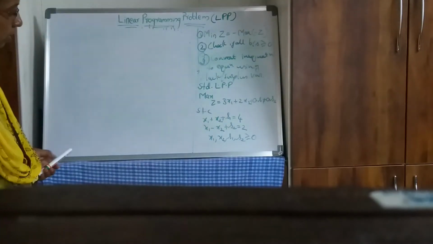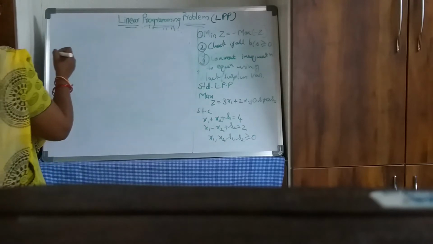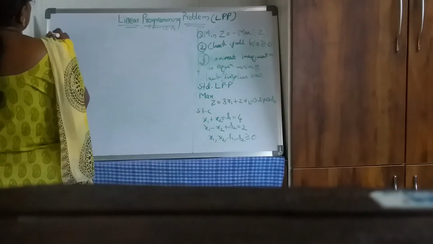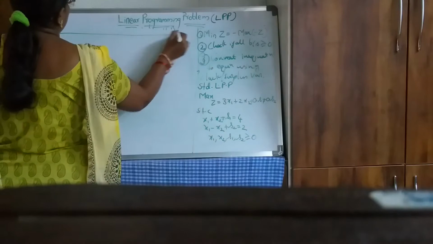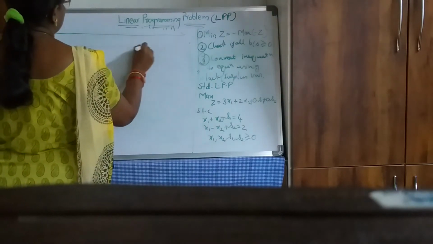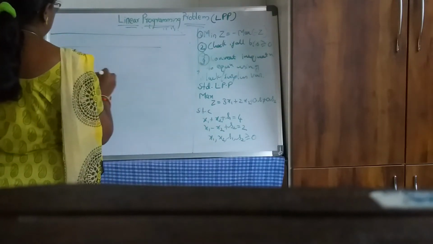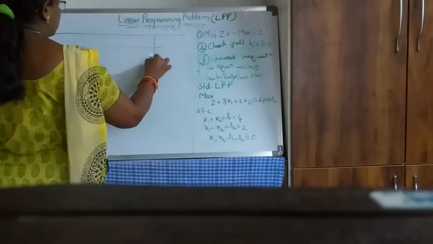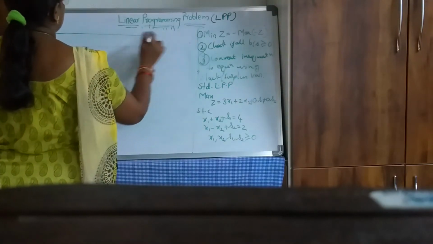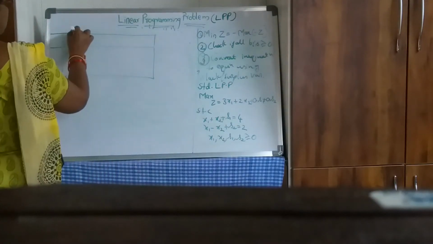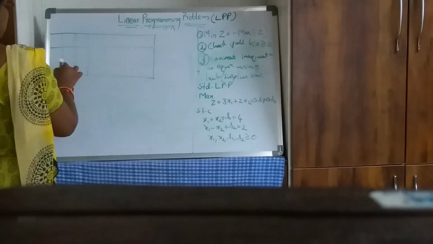Now to solve this, we have to draw the simplex table. How to draw a simplex table, I'll tell you here. What are the columns we should draw in a simplex table?